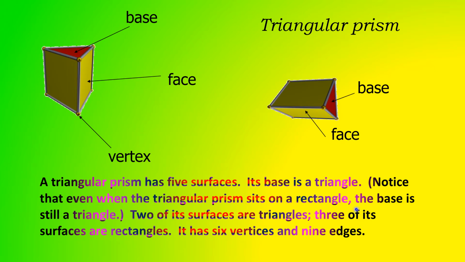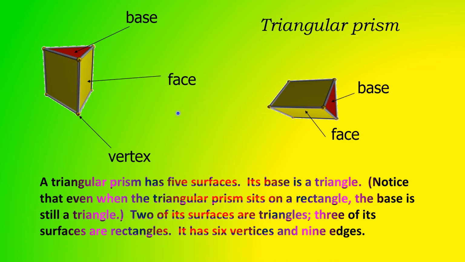So at that time also the base is still a triangle. The base is this one only. So two of its surfaces are triangles, three of its surfaces are rectangles, and the rectangular surfaces are called the faces and the triangular surfaces are called the bases, and it has six vertices.